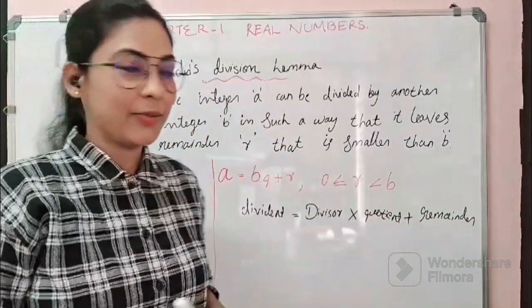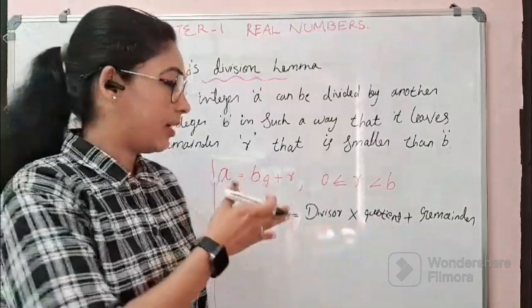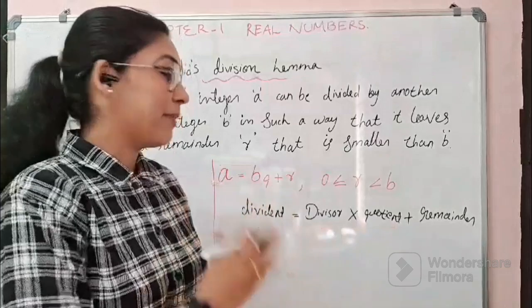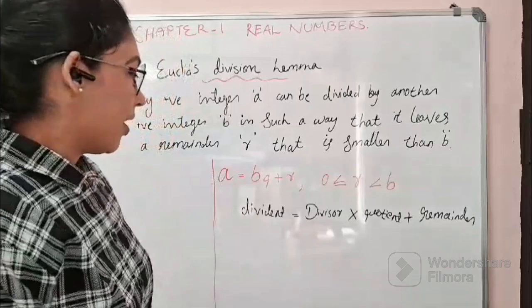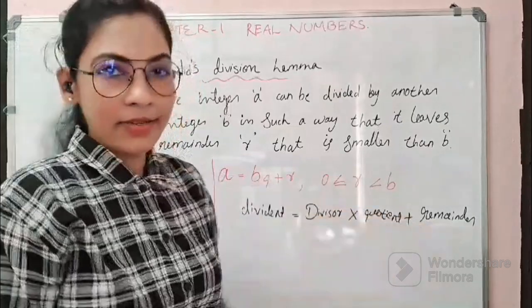Could you remember this relation? We studied this in our 5th or 6th class, I think. So dividend equals divisor into quotient plus remainder.